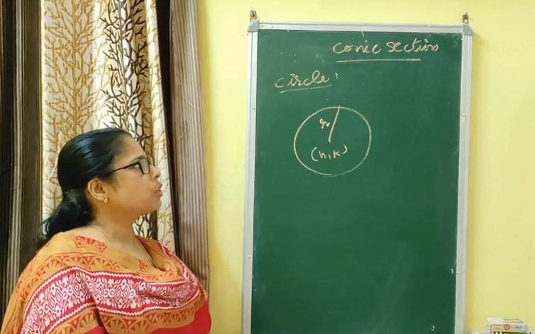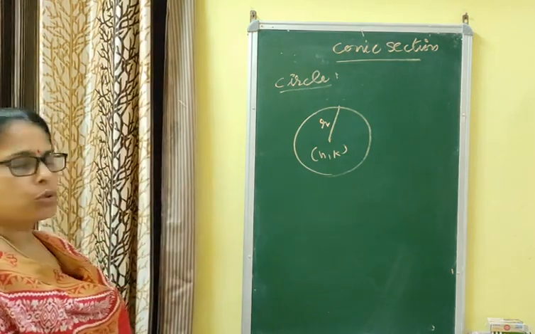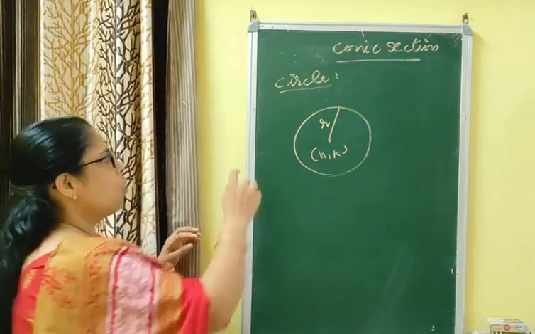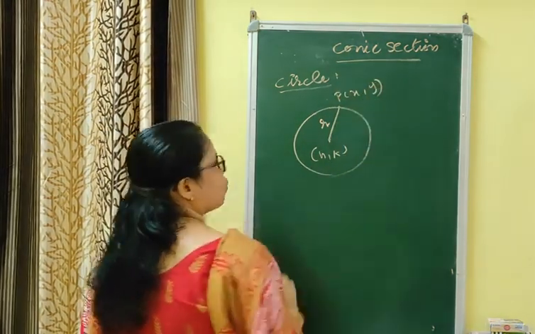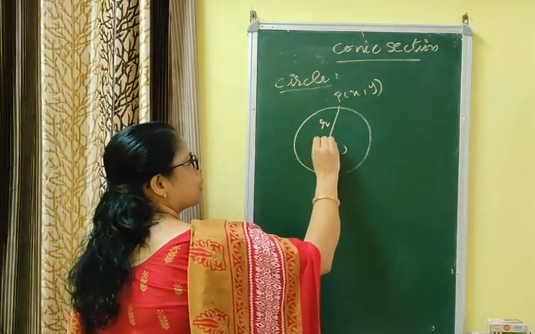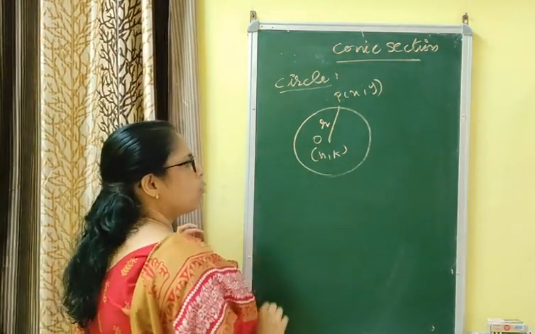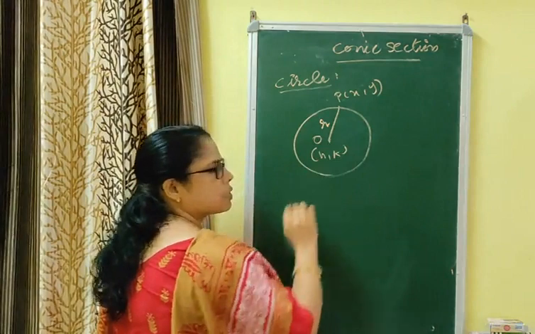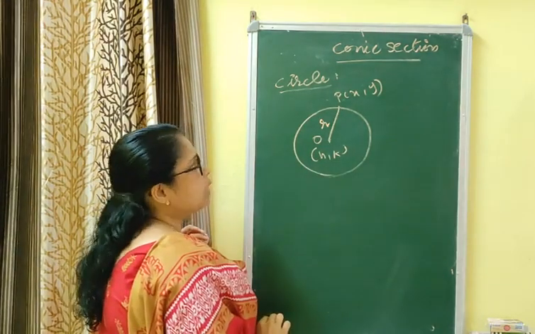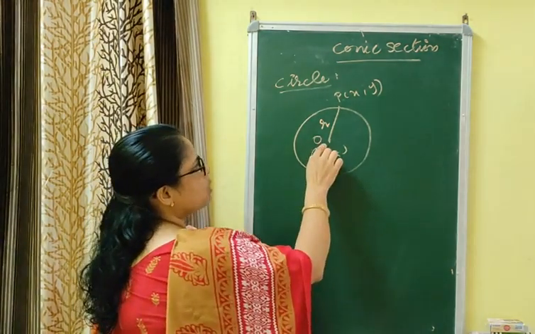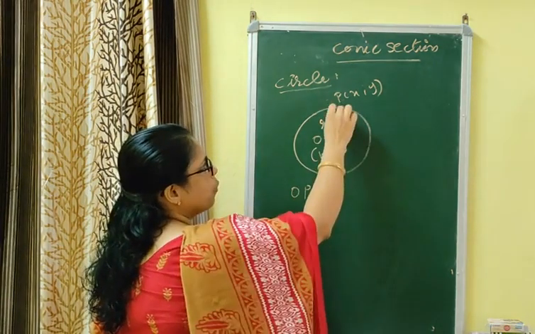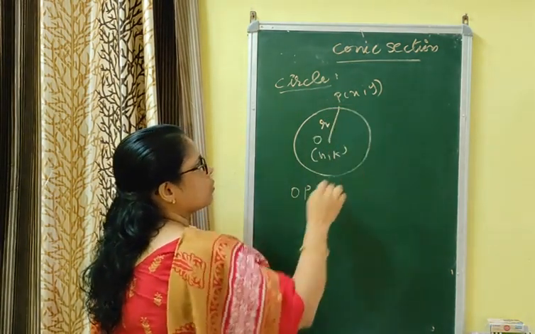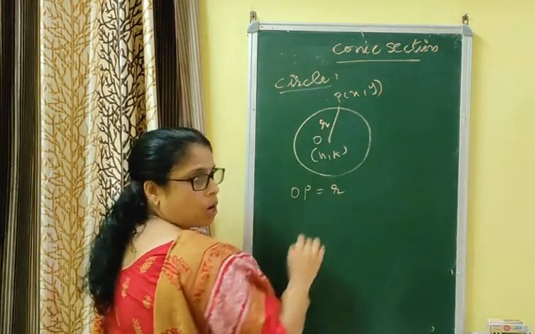Here we have to find the equation of a circle, so we have to take a general point on the circle. Let P(x, y) be any point on the circle. Let O be the center of the circle. Since O is the center and P is a moving point on the circumference of the circle, OP equals r.